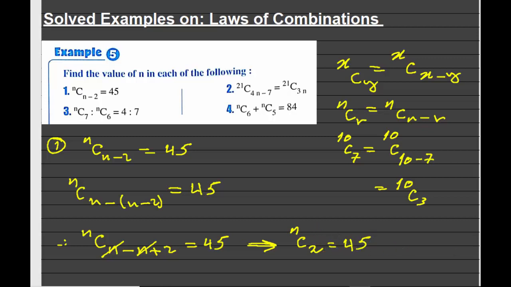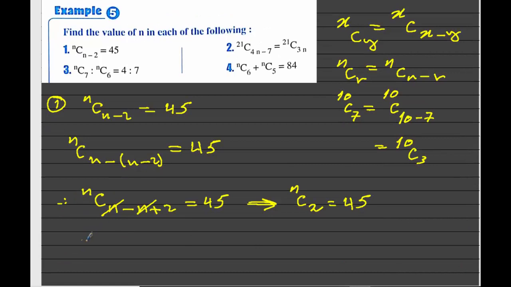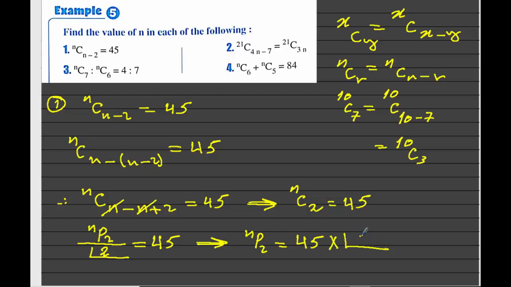But nC2 equals, it's the rule, nP2 over factorial 2. Also it is equal to 45. So nP2 equals 45 multiplied by factorial 2, and the factorial 2 here equals 2.